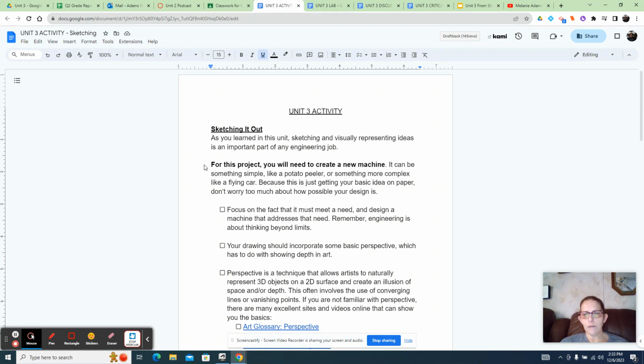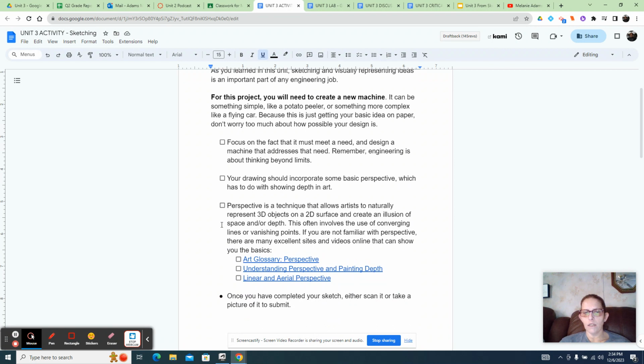It doesn't have to be anything, it's just going to be something that you come up with in your mind. All right, a basic idea on paper. You're not going to actually create it yet. So focus on the fact that it must meet a need and design a machine that addresses a need of someone. Remember, engineering is about thinking beyond the limits.